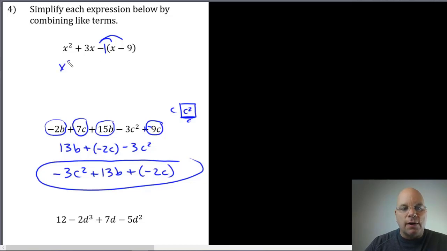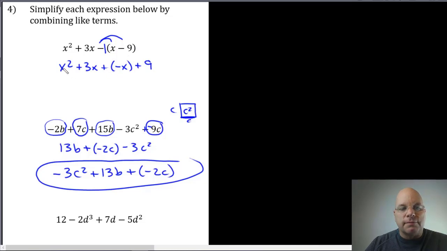So I have x squared plus 3x plus a negative x plus negative, the opposite of negative 9 is just 9, so plus 9, or negative 1 multiplied by negative 9, or subtracting a negative 9. Any way you want to think about it, this is positive 9.